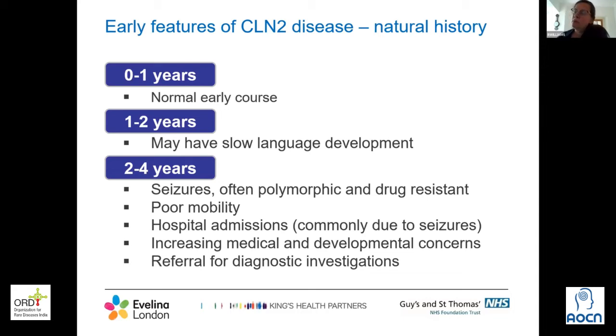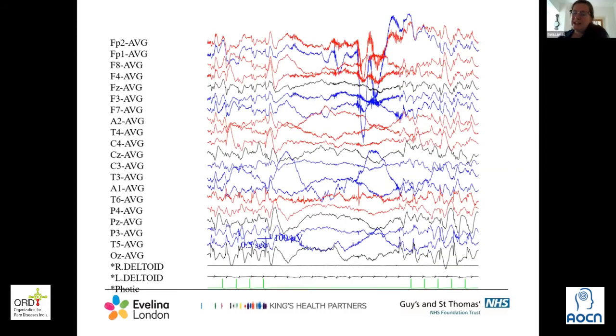Now, I want to point out here that the EEG can be useful as an early indicator, a red flag. So in this particular disease, CLN2 disease, slow photic stimulation often elicits a photoparoxysmal response in the occipital leads early in the course of the disease. It's not always maintained later into the course of the disease.